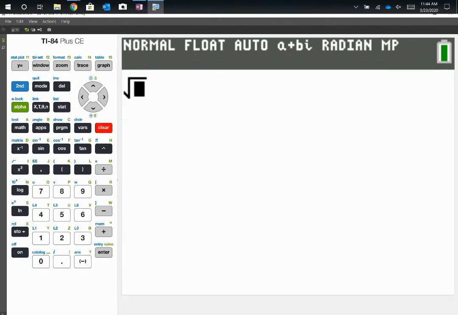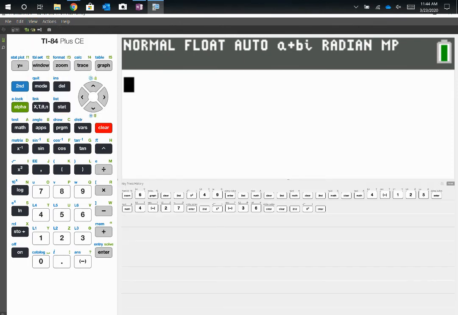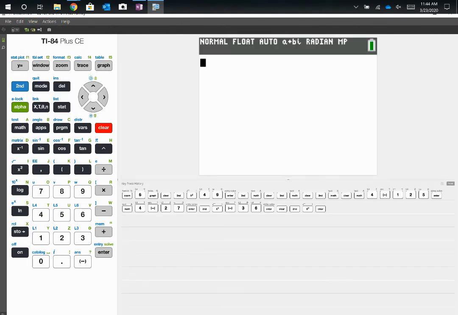I tell you what, let me put in the key press history so you can see what buttons I'm pressing. Okay, so second, oh, I need to clear this first.